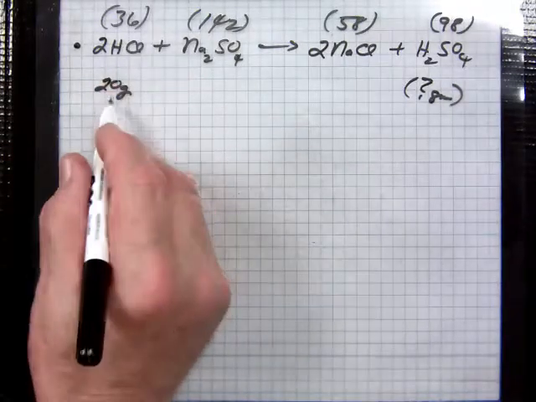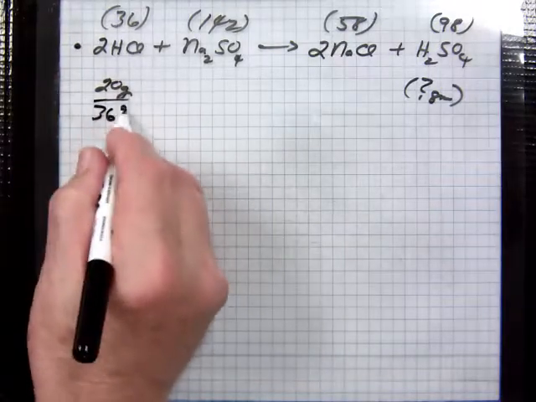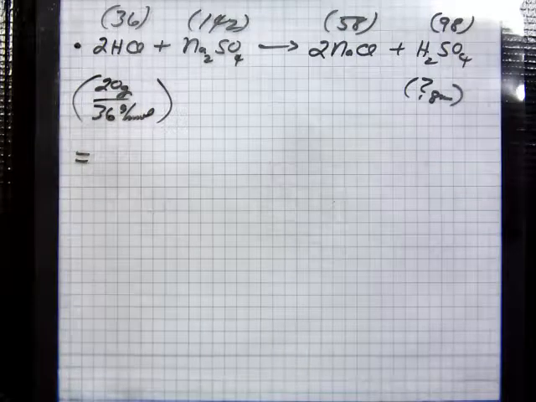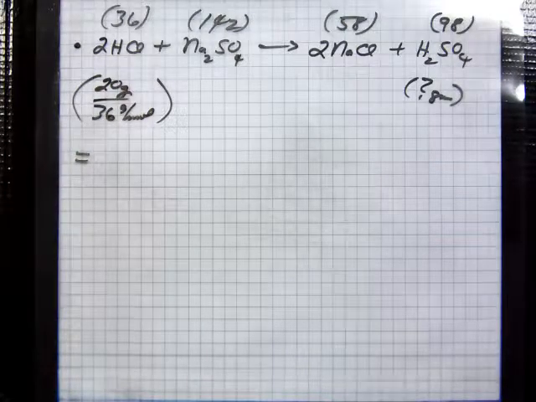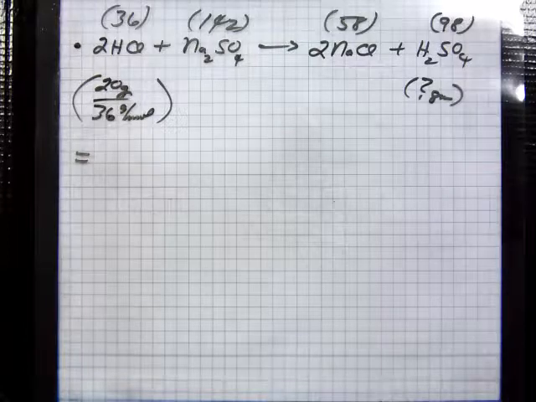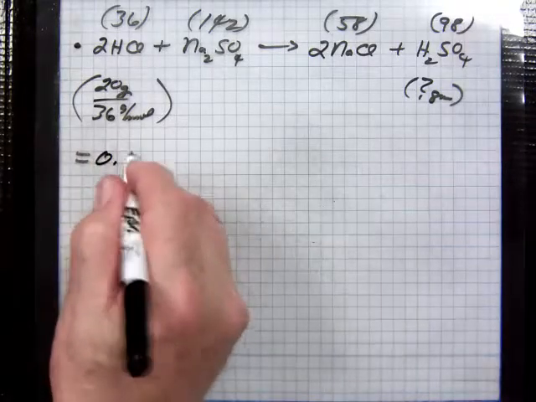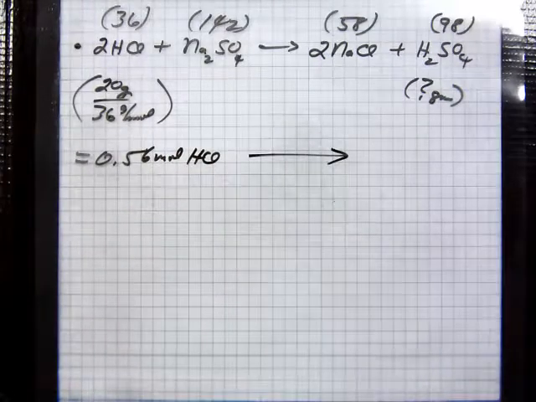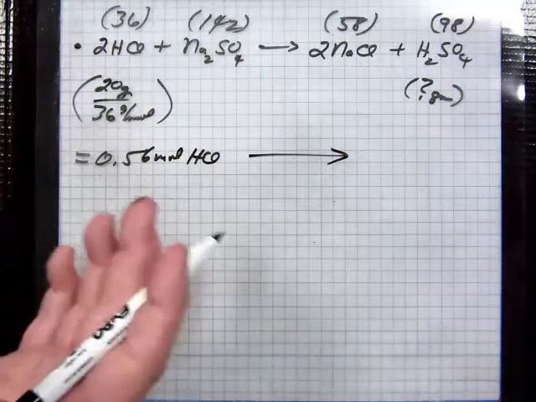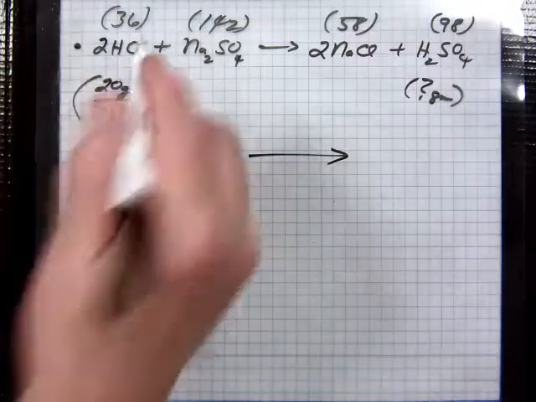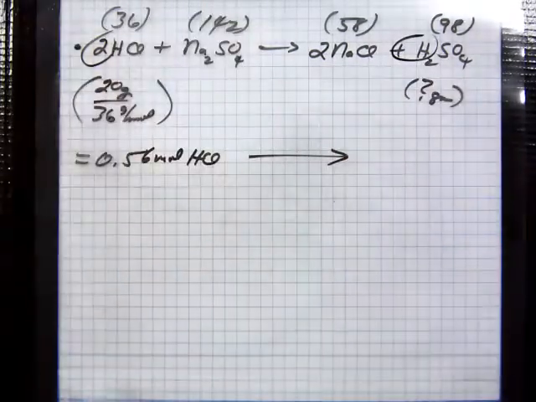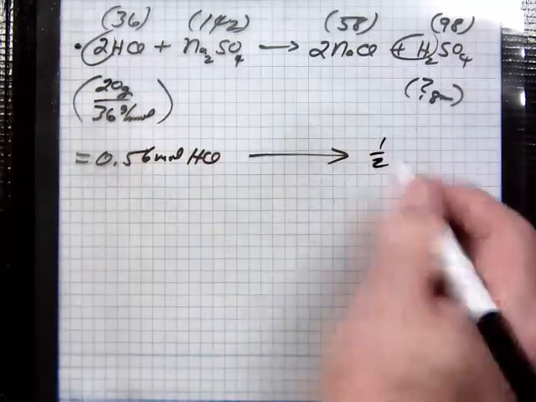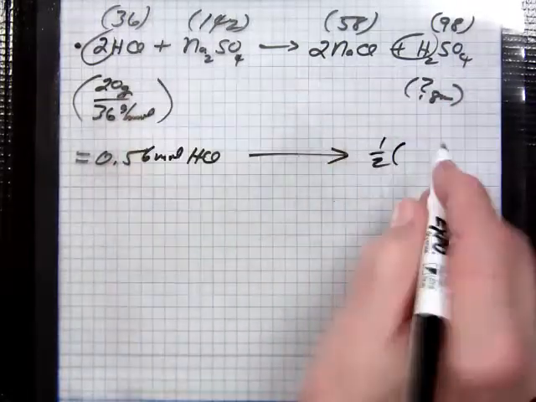So we want to get the 20 grams to moles. And that will produce half of that number, right? Because the coefficient numbers are in half. 2 to 1, so I have to have a smaller number over here by 1/2.